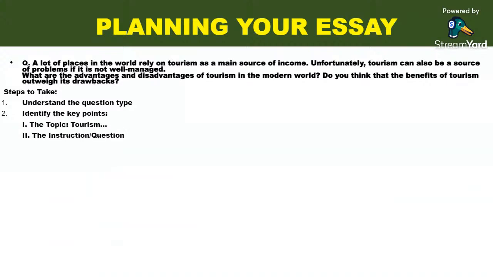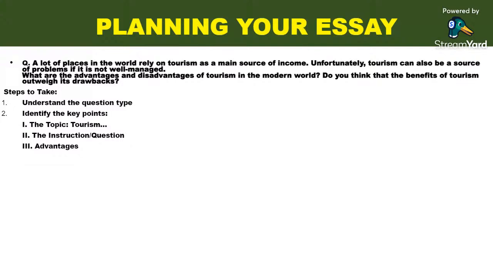The next thing is for you to understand the instruction and the question. Normally, if you look at the question, what are the advantages and disadvantages of tourism in the modern world? See, this is the question. Do you think that the benefits of tourism outweigh its drawbacks? Okay, so you can see that you have three key points that are contained in the question.